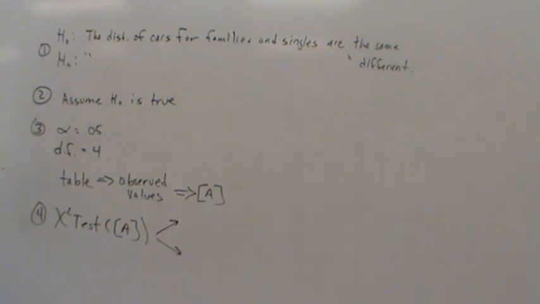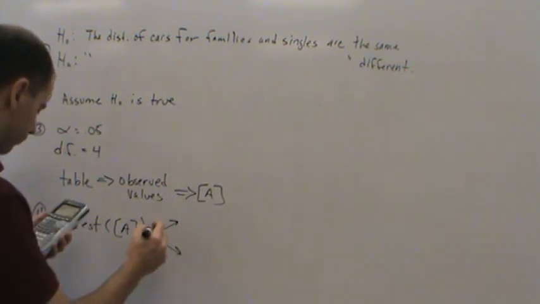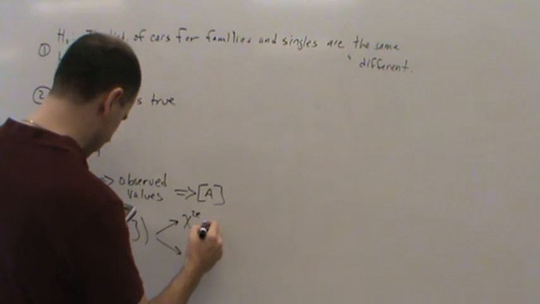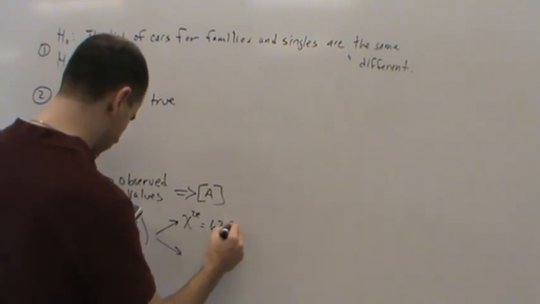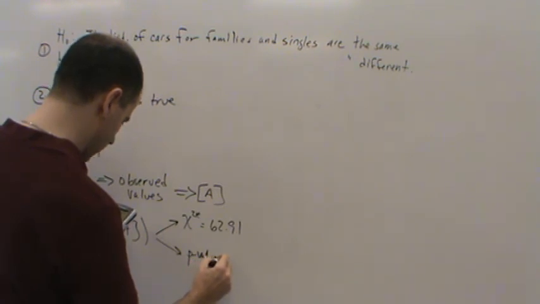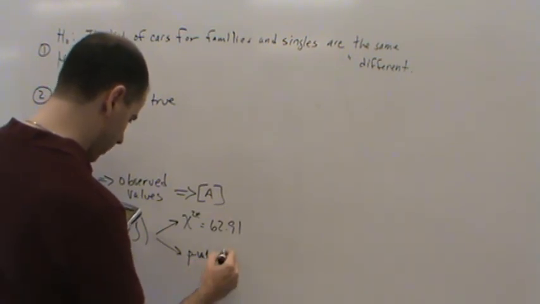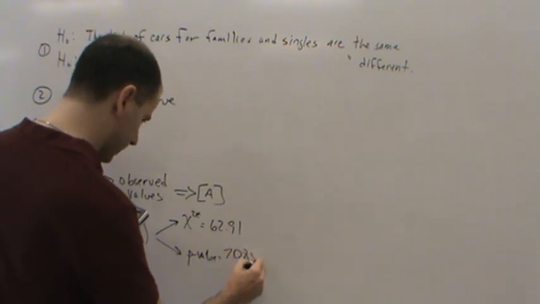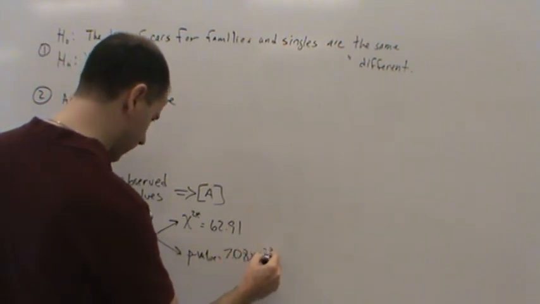So I'm going to go to stat tests, chi-squared, calculate, and now my chi-squared test statistic is 62.91. My p-value equals another small number, 7.08 times 10 to the negative 13.